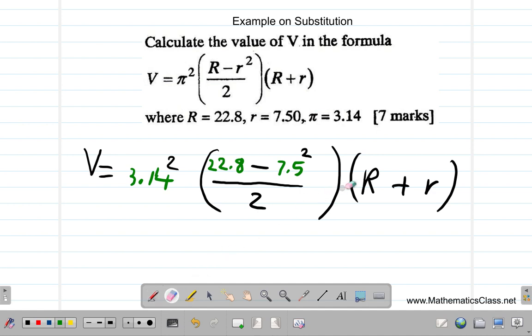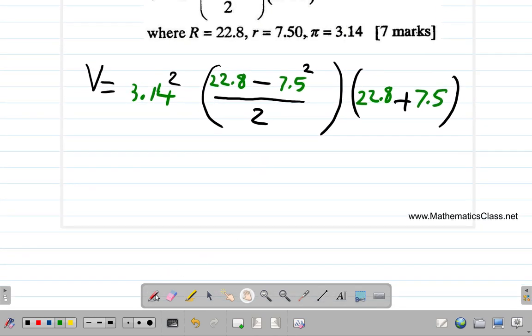Uppercase R again is 22.8. So I have 22.8 plus lowercase r is 7.5. Alright, so let's see what we have here.